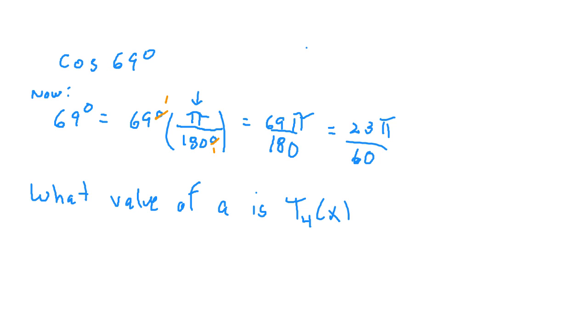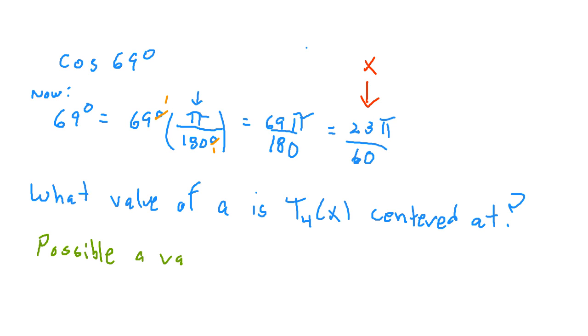Well, we know that 23 pi over 60 is going to be the x value, and we would like A to be fairly close to x, and we'd also like A to be a nice value. So let me write possible values of A.